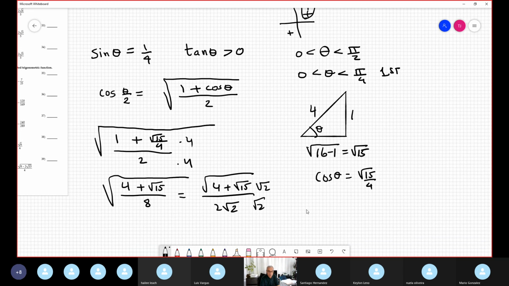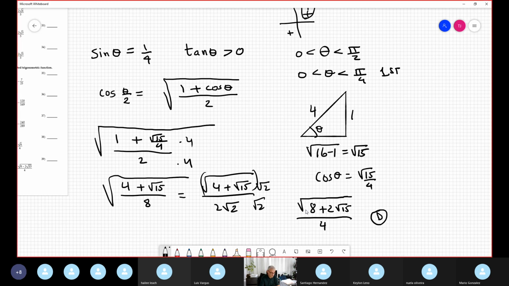When you put this radical 2 inside, it's like a 2, no? So 8 plus 2 radical 15 divided by 4, because radical 2 times radical 2 is 2 and 2 times 2 is 4. That is the answer, which is option D, I guess.